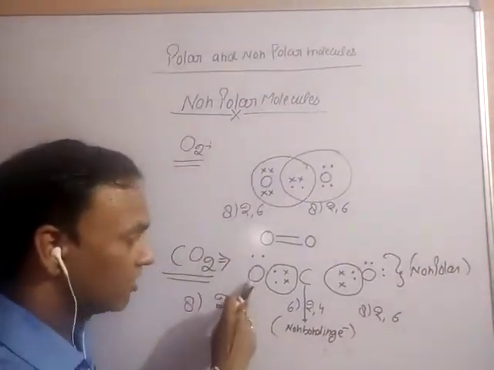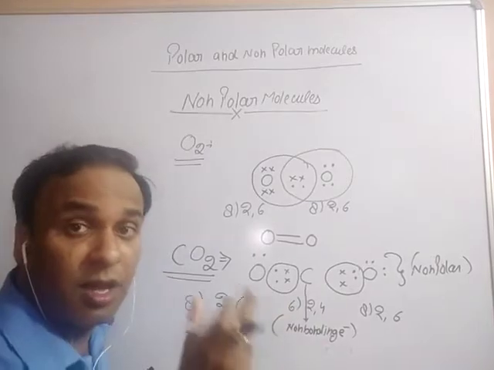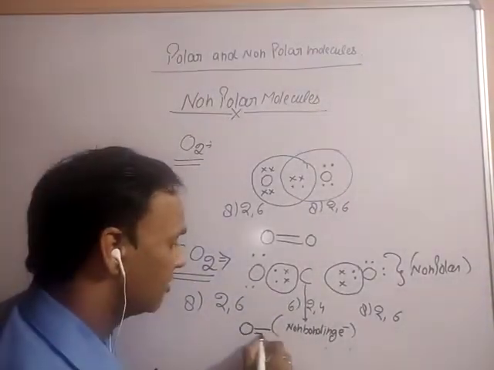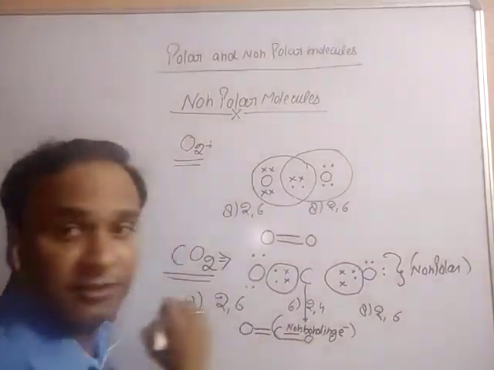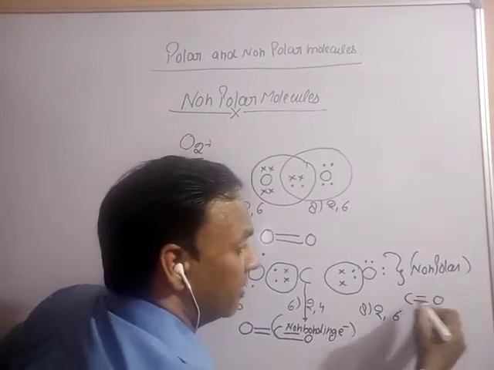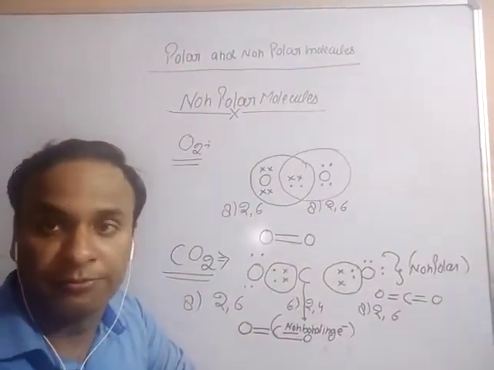Clear? Meaning in carbon dioxide, oxygen and carbon both are bonded by a double covalent bond, meaning oxygen like this. Clear? Meaning carbon and oxygen are bonded by a double covalent bond.